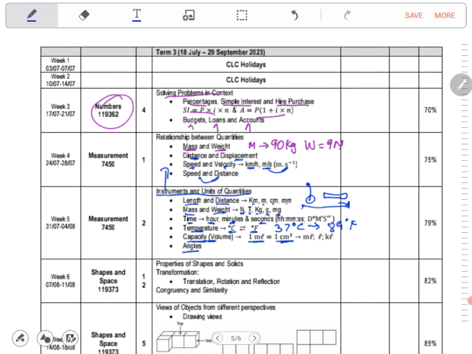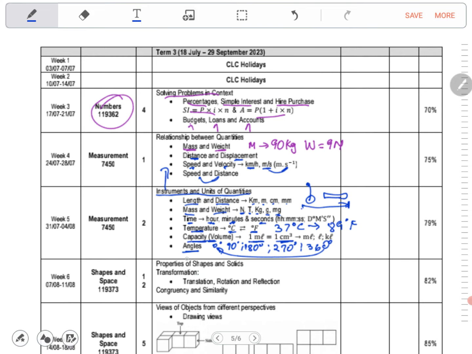And then we have to deal with angles as well, your 0 degree and 90 degree and anything else in between. You have your 180 degrees as well, and you must know what these are also called. 270 degrees as well as 360 degrees, then you know that you're back at square one. So we deal with angles.